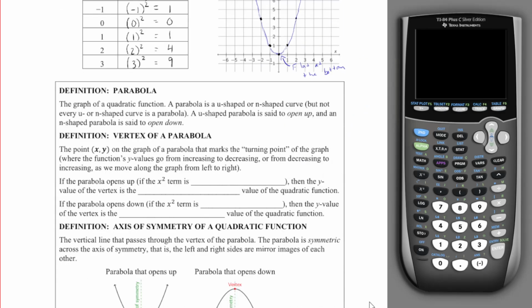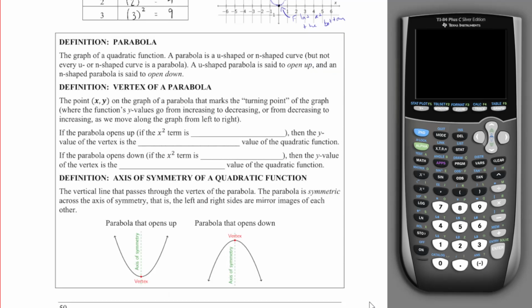A parabola is either a U-shaped curve, like the one we just drew, or an N-shaped curve that's upside down. So I would call this shape U-shaped, and this shape N-shaped. It either opens up or opens down.